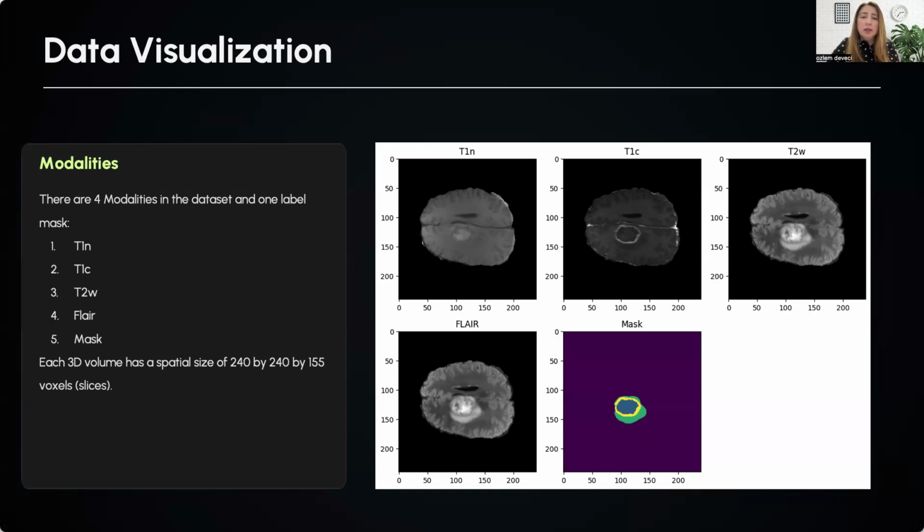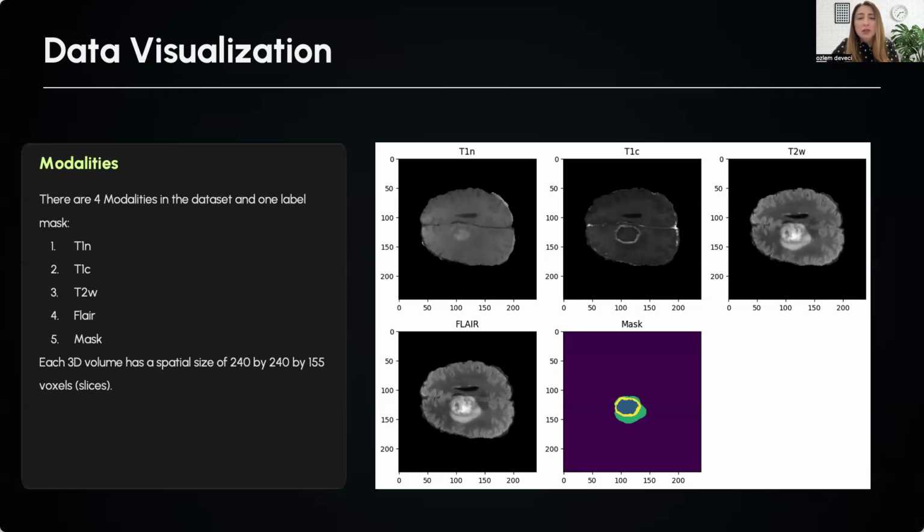T2 weighted shows fluid filled and abnormal tissue regions with bright intensities. FLAIR suppresses normal CSF fluid to make edema and infiltrative tumor areas more visible. Along with these four inputs, we have the target label mask that our model learns to predict.